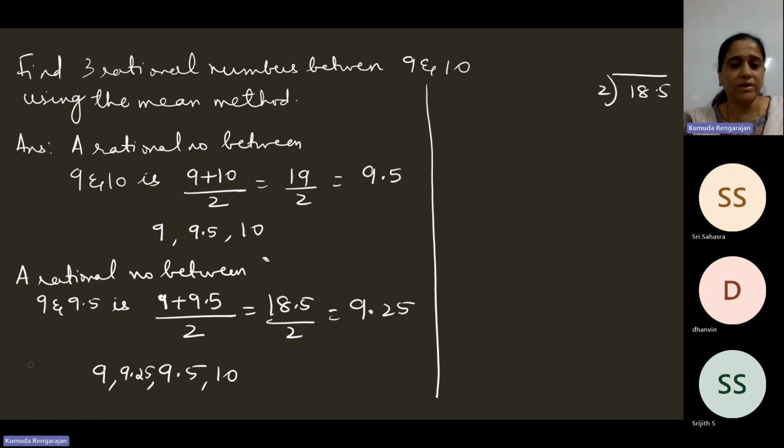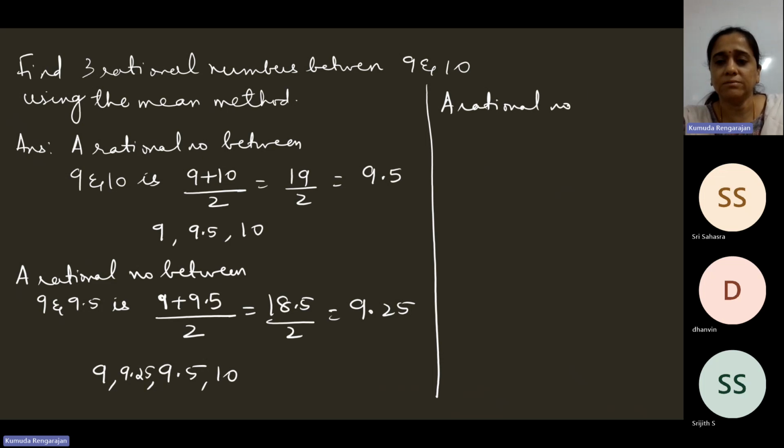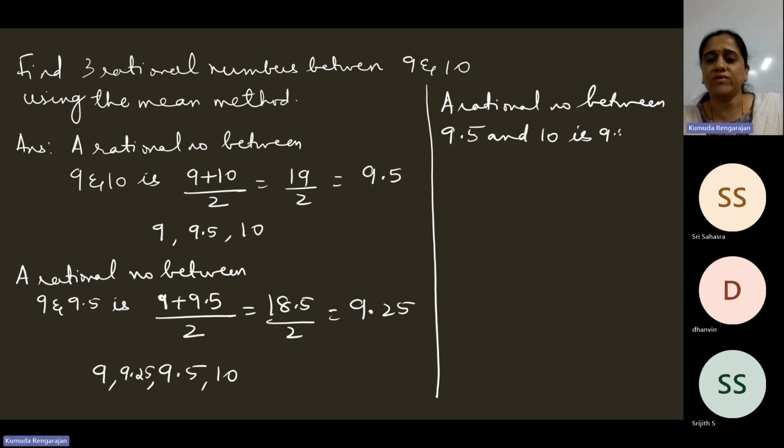One more number we have to find. A rational number between 9.5 and 10 is 9.5 plus 10. Add the two numbers and divide by 2.